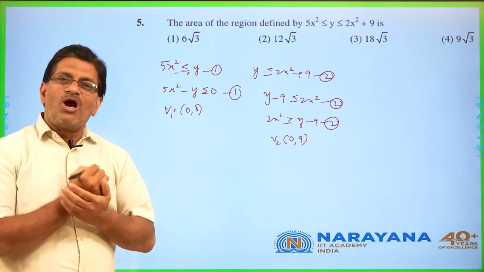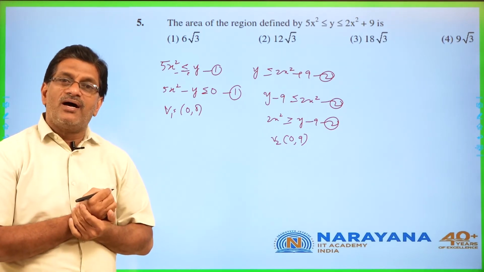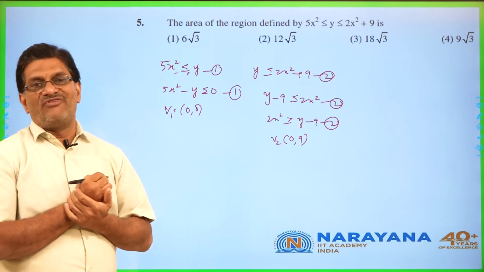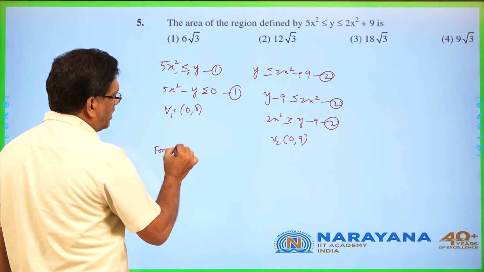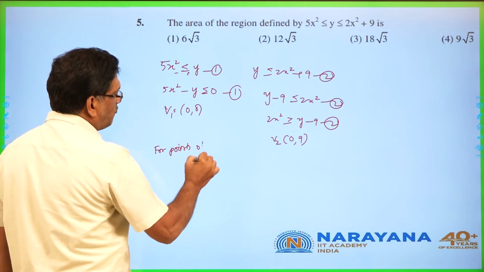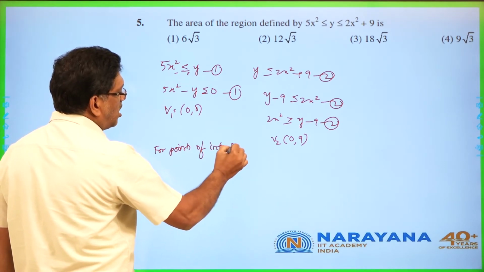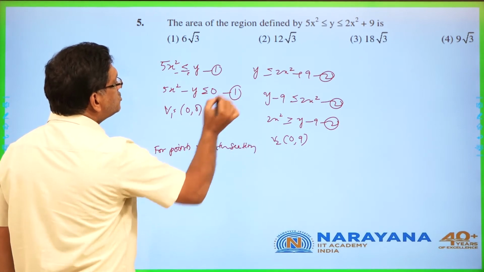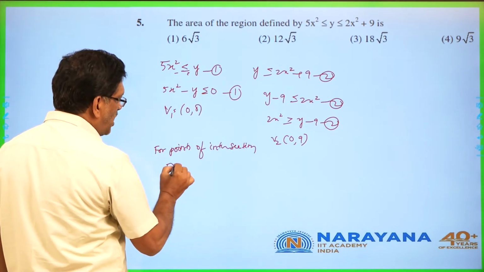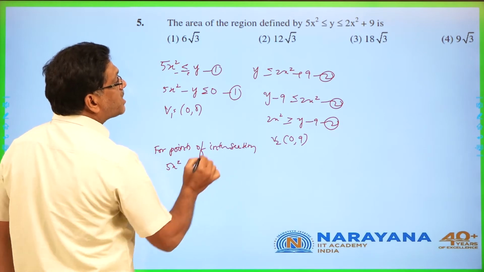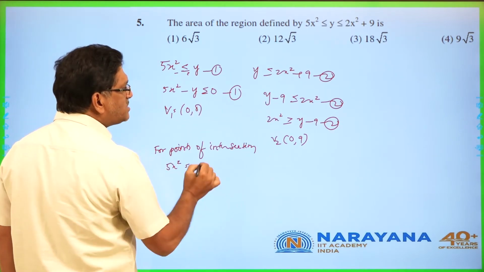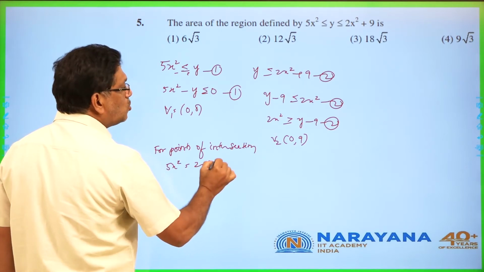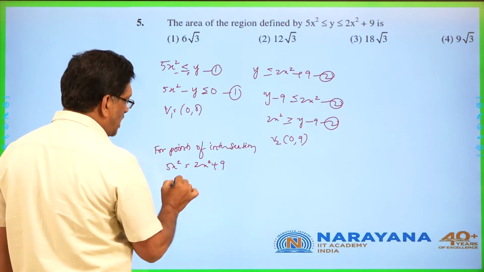But within what region do we have to get the area? That is the points of intersection. For points of intersection, solve: 5x square is equal to, expressing y as a function of x, 2x square plus 9.